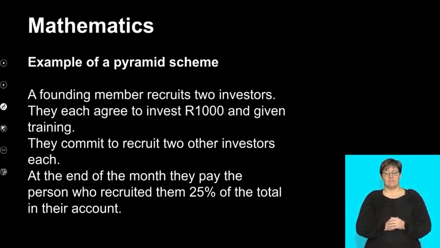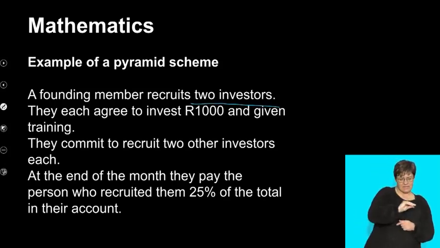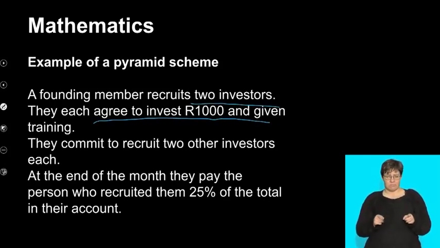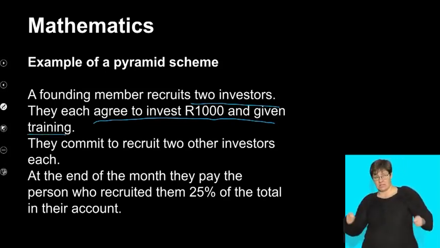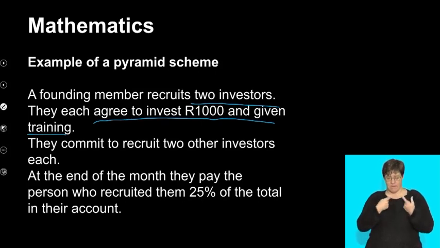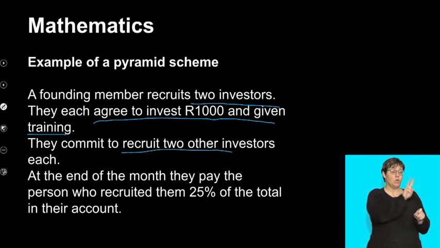Now, an example of a pyramid scheme: there's a founding member who decides to recruit 2 investors. They each agree to invest 1,000 and to be given training. Now, they commit to recruit 2 other investors. That's where the trick is.